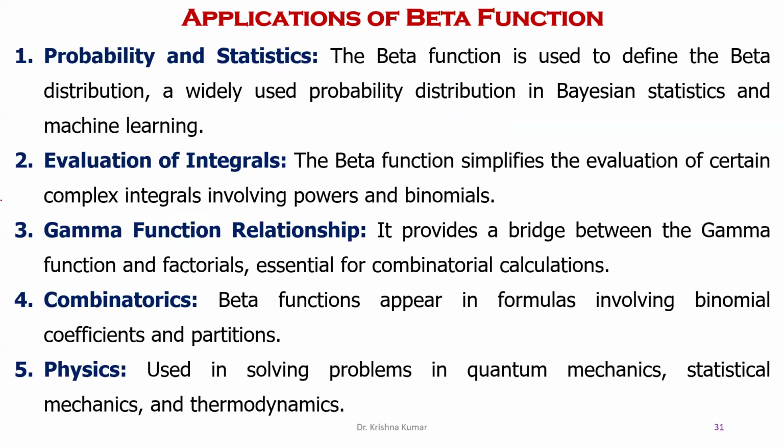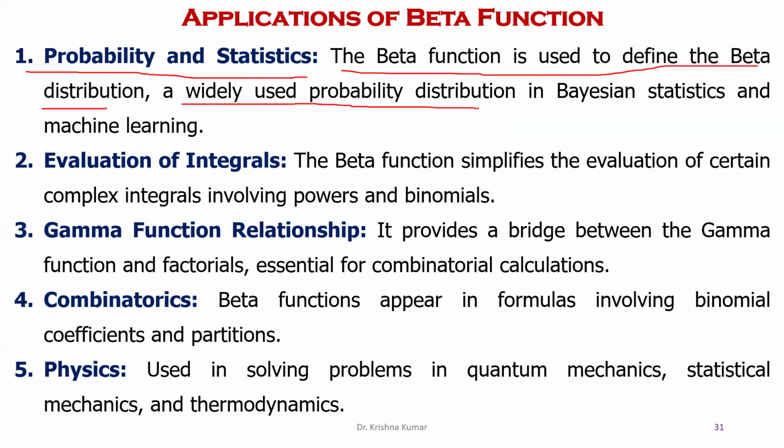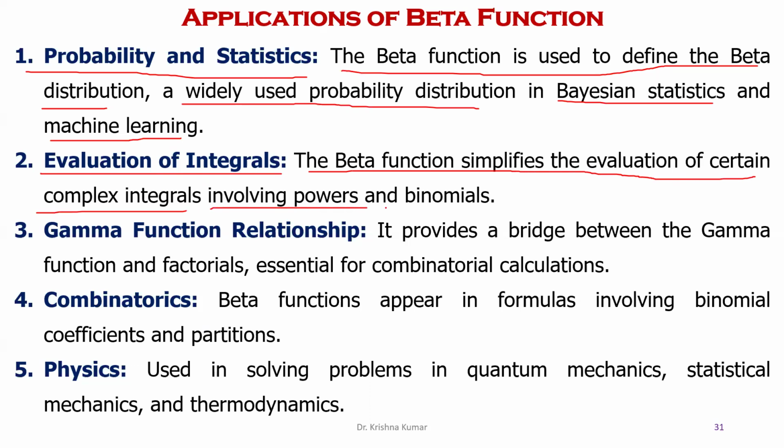The first application is in probability and statistics. The beta function is used to define the beta distribution, a widely used probability distribution in Bayesian statistics and machine learning. The second use is in evaluation of integrals. The beta function simplifies the evaluation of certain complex integrals involving powers and binomials.